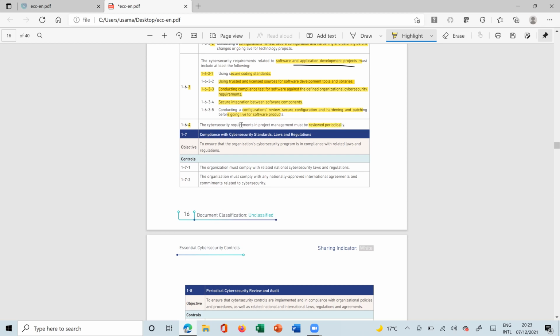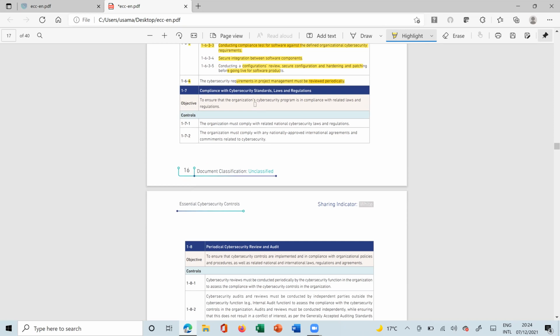And as we mentioned, all the requirements in project management must be reviewed periodically, because of course in project management you will not develop these requirements for each project. These requirements can be developed once, in the form of templates or checklists, and applied to the projects.